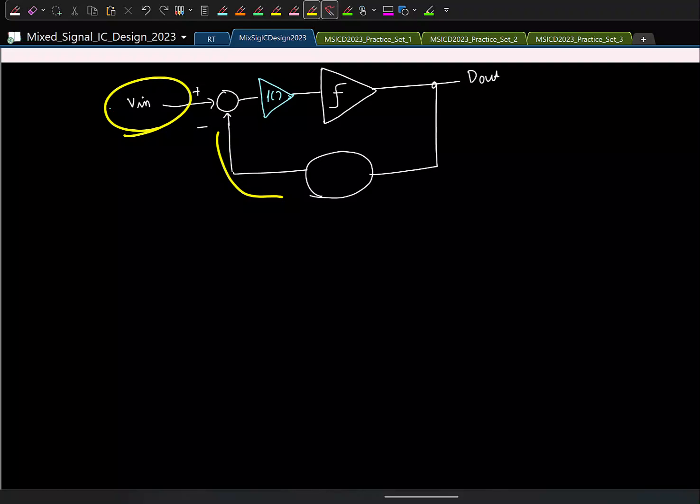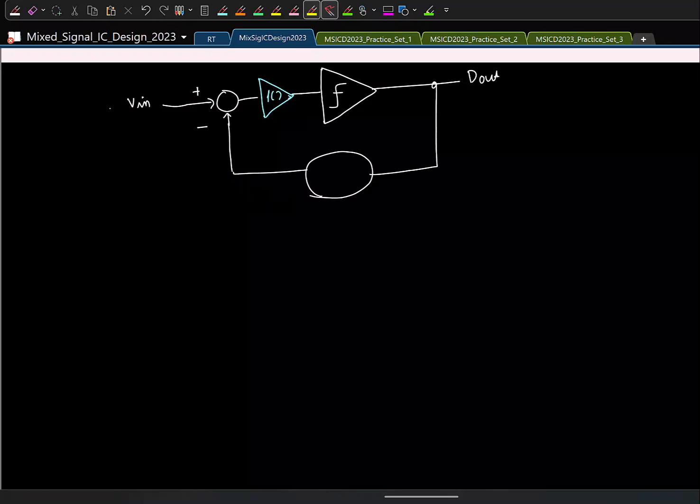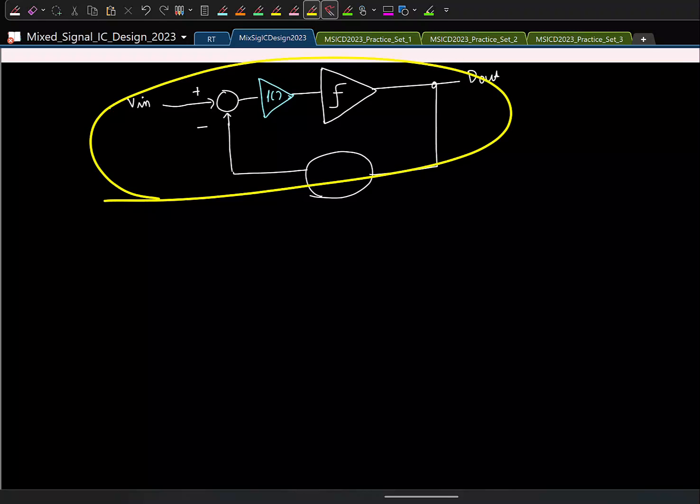But in a practical SAR, we first sample the input only once, and that is stored and then compared with successive reference voltages. That's what happens. And here, the way we have drawn the block diagram, the input is buffered.